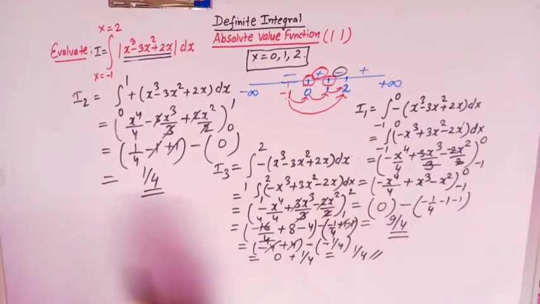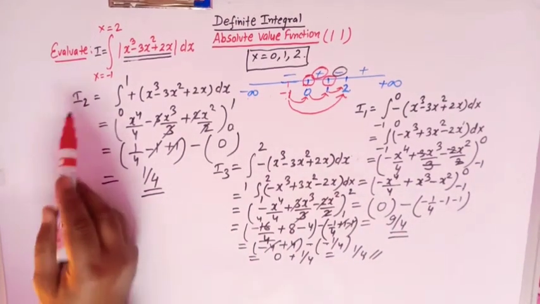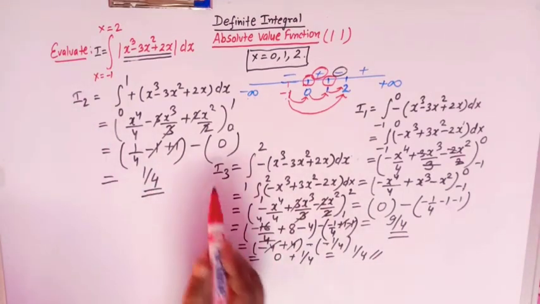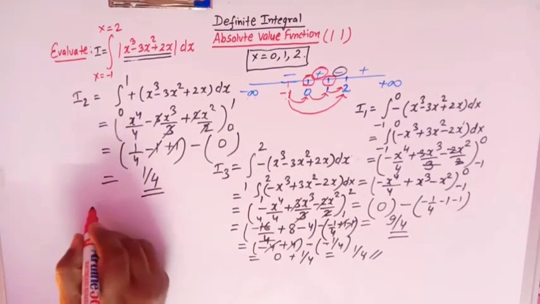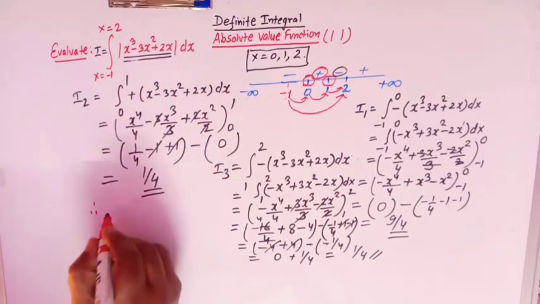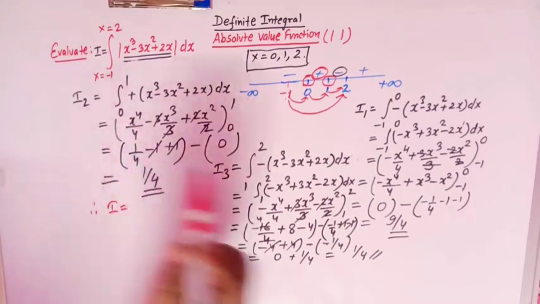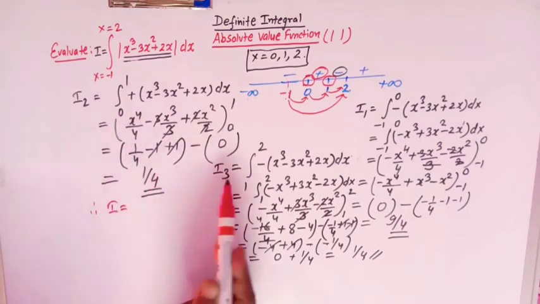So viewers, here we see that the value of I1 is 9 over 4, I2 is 1 over 4, and I3 is 1 over 4. So the value of this integral I is I1 plus I2 plus I3.